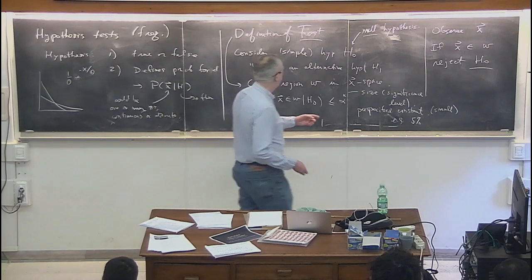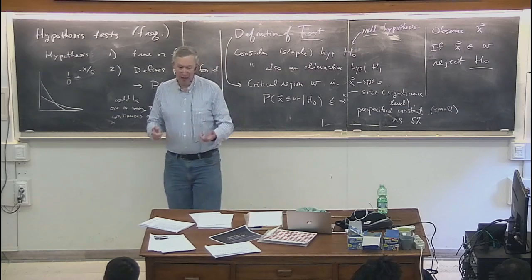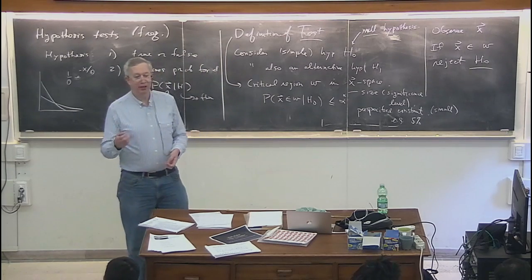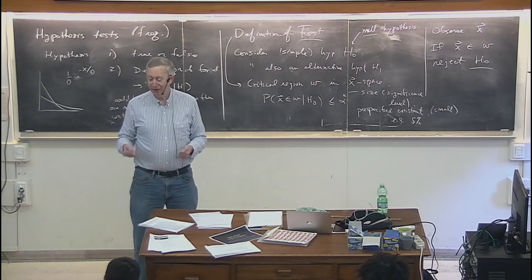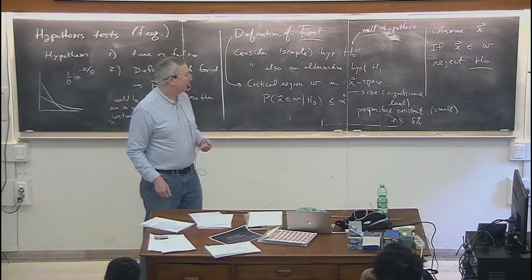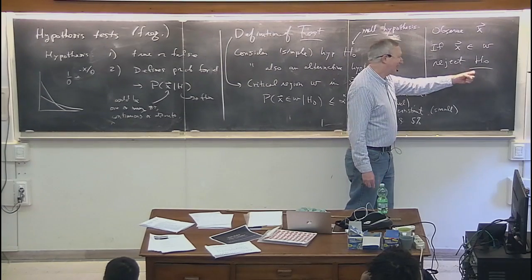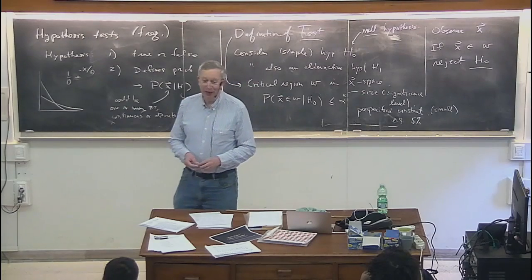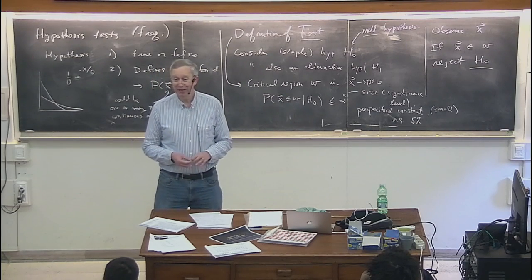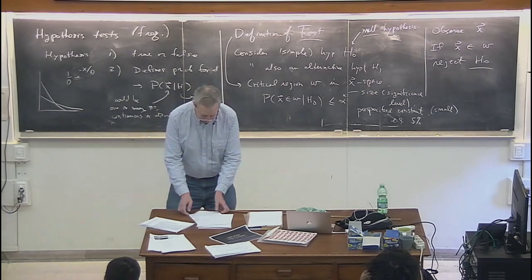And here I've picked this critical region to only cover a very small probability, alpha, say 5%. And so it seems unlikely, that seems uncharacteristic in some sense, that H0 should produce data in the critical region. And so that being small, if it actually happens, I say, that doesn't seem very likely. But of course, it will happen with a probability of alpha by construction, even if H0 is correct.